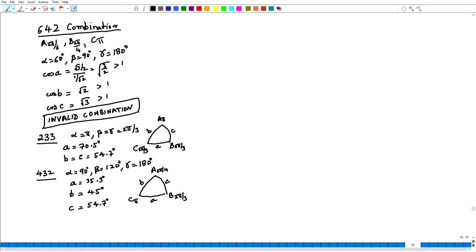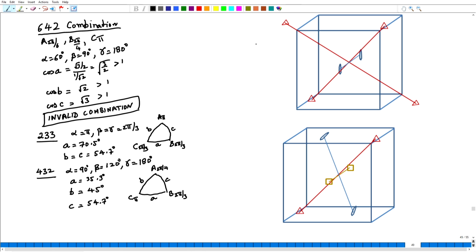Now, what kind of object can have this combination of rotation axes? Here I will give you one example of such an object. Out here they are basically cubes. The object which can accommodate the 2, 3, 3 combination and the 4, 3, 2 combination is essentially a cube.